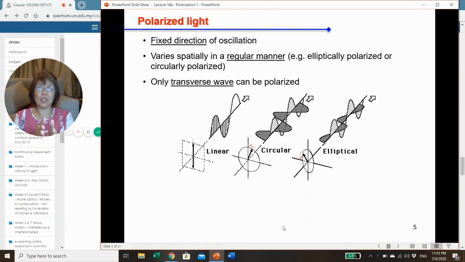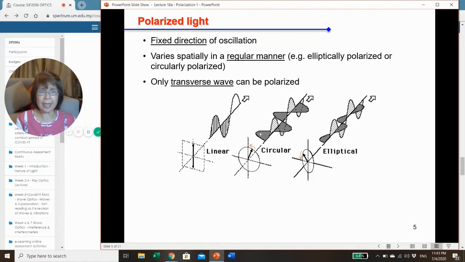So in that case, we're talking about plane waves that are oscillating in a plane, like this one here. Or it can vary spatially in a regular manner, like those represented by circular and elliptical polarization, whereby you see that if you view it end on, the resultant vector from the superposition of these two plane EM waves, here they are out of phase by 90 degrees.